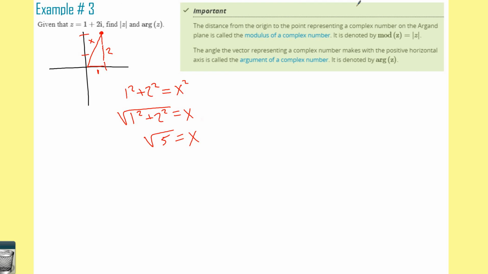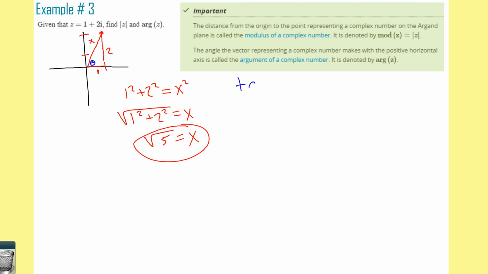Okay, then let's see, we want to find the argument. So that's the angle that's made. So that's your theta. All right, so that theta, well, notice I know the opposite and the adjacent.